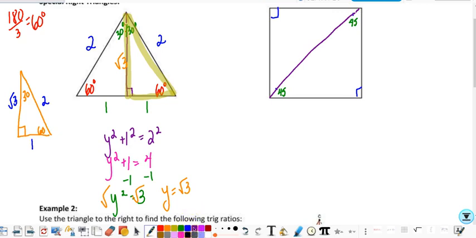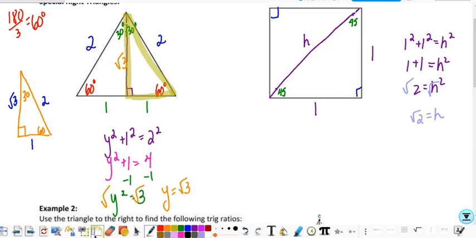And since I didn't cut any of the side lengths in half, I'm going to call the square all side length 1. So now using the Pythagorean theorem, find the hypotenuse. So the square root of 2 is h.